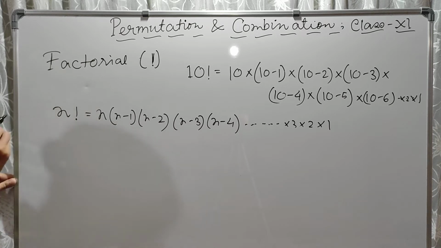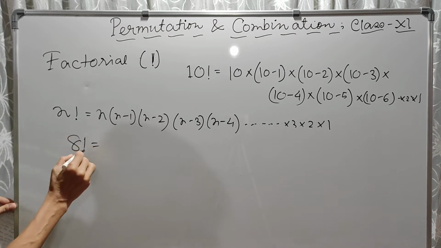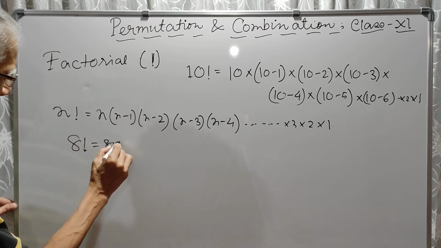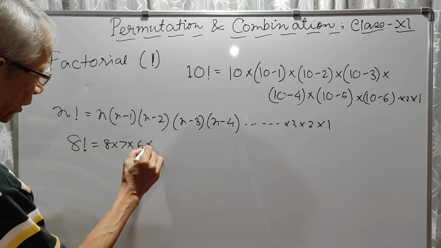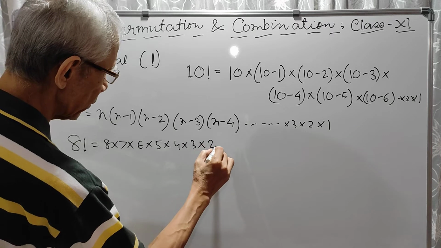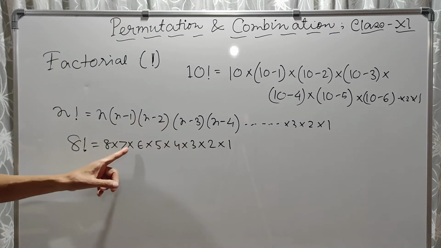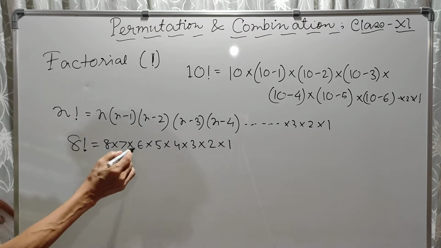Now from here we can get another result. Suppose you have 8 factorial. How will you write it? 8 into 7 into 6 into 5 into 4 into 3 into 2 into 1. So 1, 2, 3, 4, 5, 6, 7, 8. So that is factorial 8.